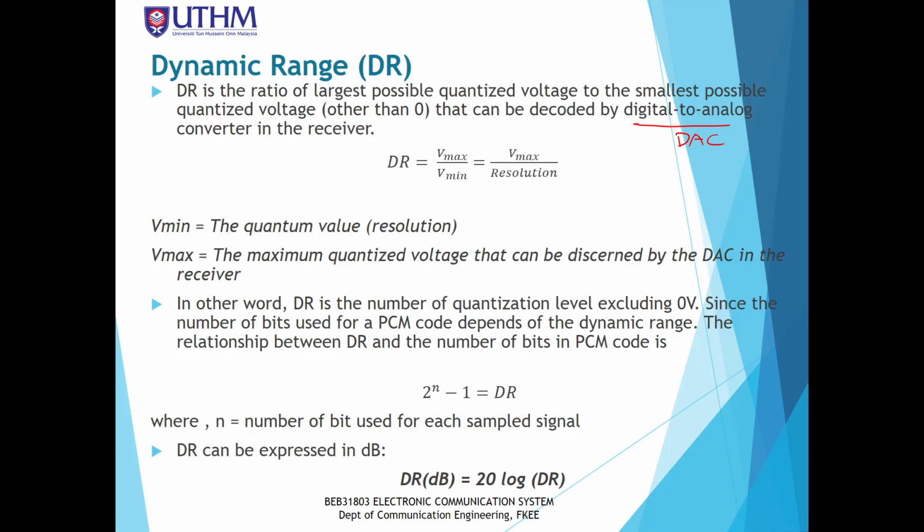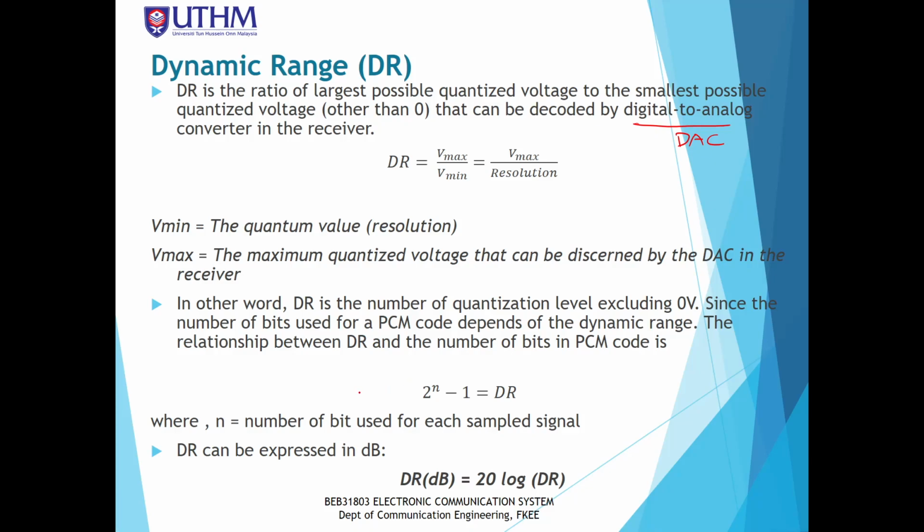So DR, dynamic range, is Vmax over Vmin. The Vmax here is the maximum quantized voltage that can be discerned by the DAC in the receiver, and the resolution is the step size.